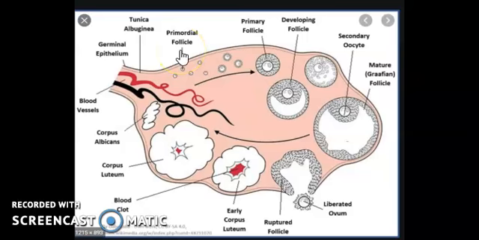The development of primordial follicles into mature Graafian follicles restarts with the onset of puberty. During each menstrual cycle, only one of the primordial follicles starts growing to form a Graafian follicle. In each cycle, alternately one of the two ovaries produces the Graafian follicle.